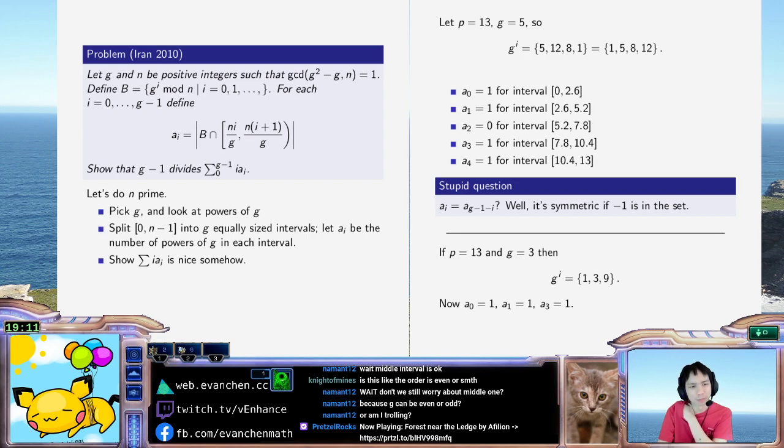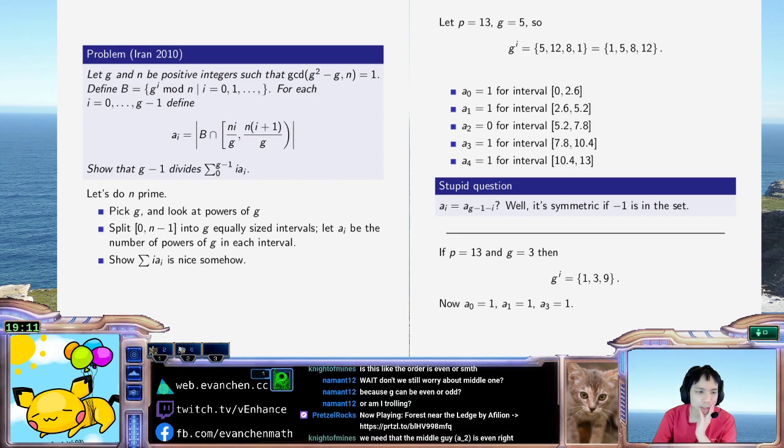I think I want a different example. No, I don't think so, because the middle one has value A_{(g minus 1)/2}, right? You need the middle one to be even, but the midpoint of the interval, 6.5, is a half integer, and in general, n is always odd. Even in the generic case.